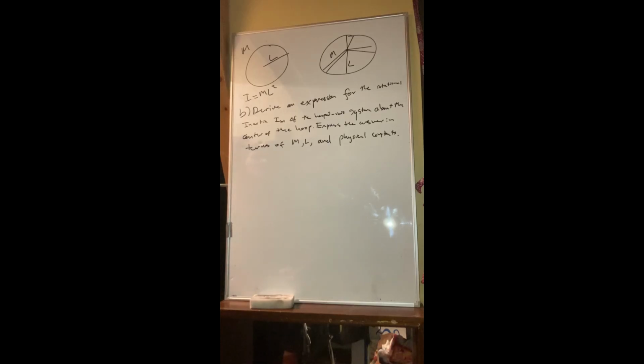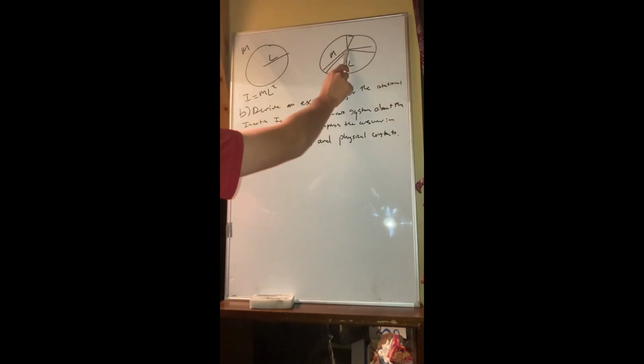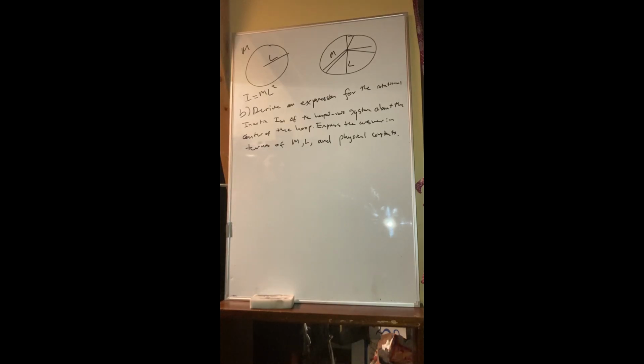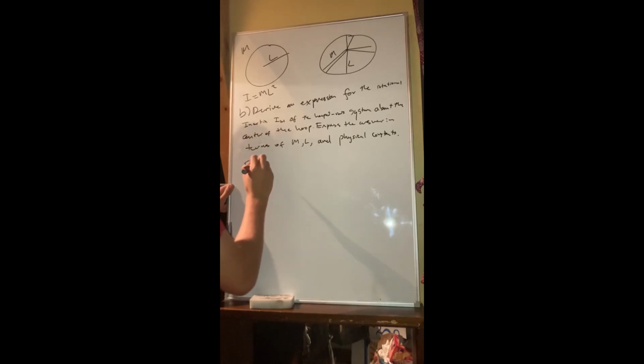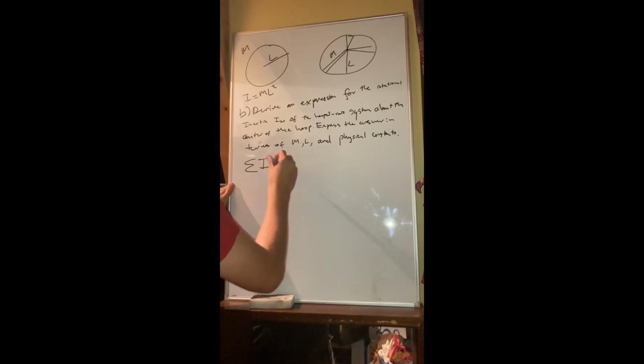So as we can see, because the left side is what's facing in, we do not have to use the parallel axis theorem, and we can actually just directly use our knowledge of moment of inertia equations to say the sum of the moments of inertia equals I total.